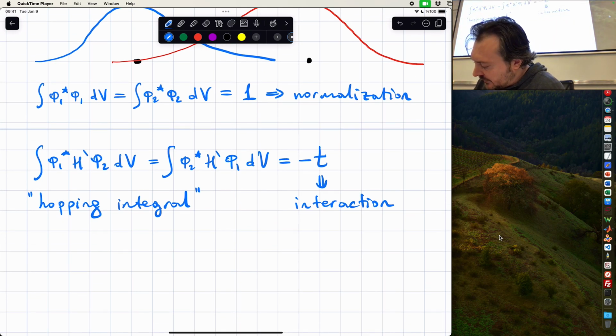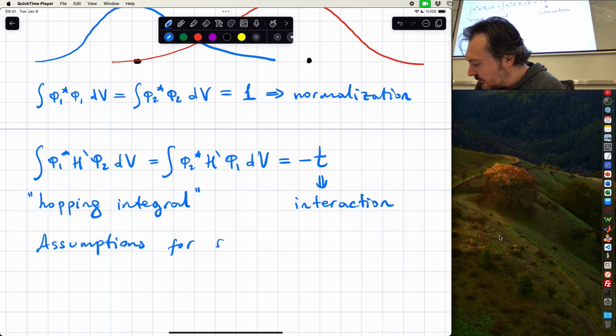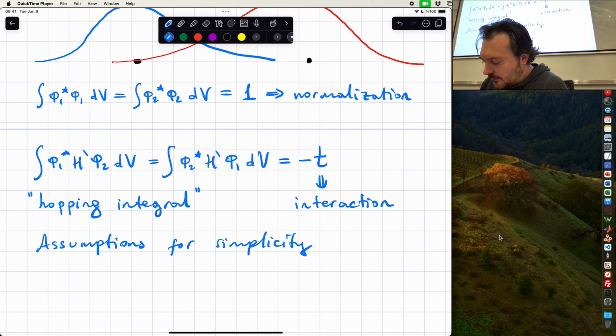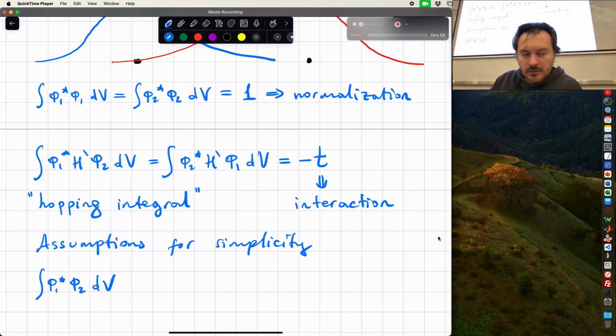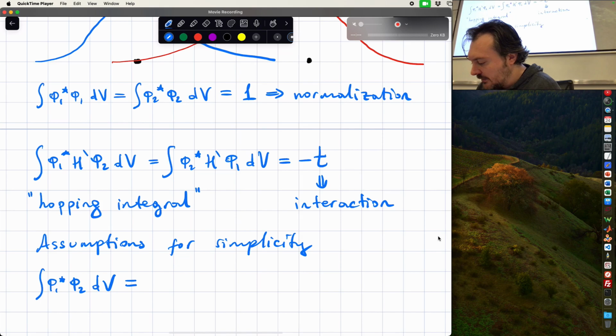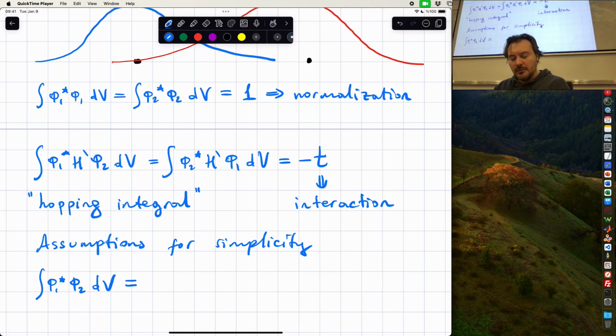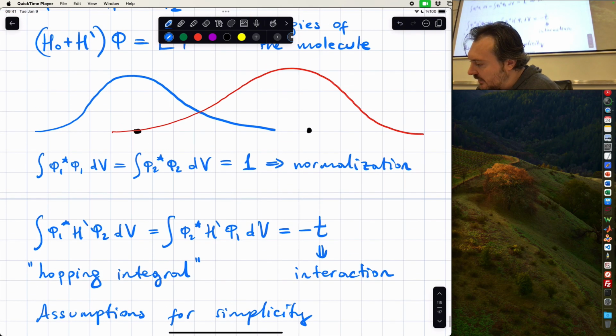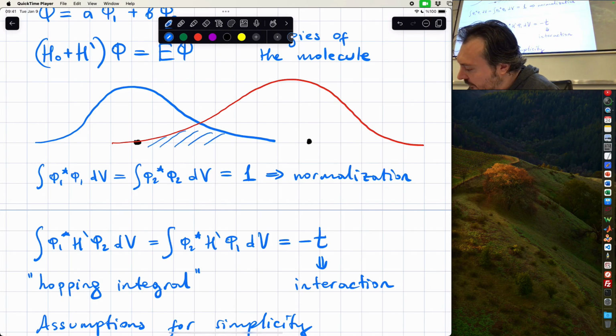Then there are two assumptions for simplicity. First assumption is the integral of phi 1 star phi 2 dv. It's not because of orthonormality, it's simply because we are assuming that this is negligible.